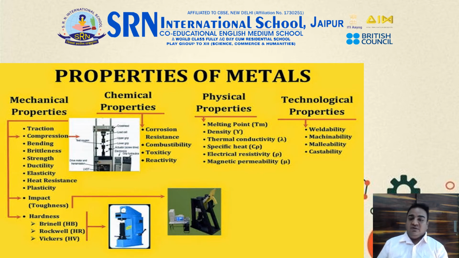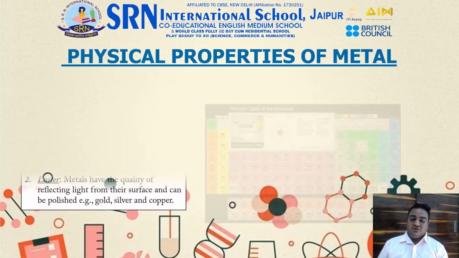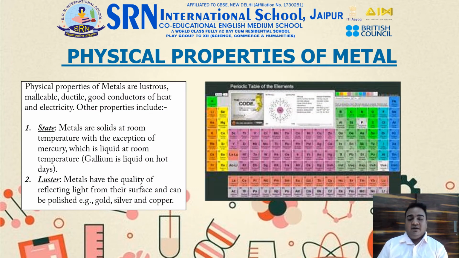So let us now discuss the different properties of metal that will enable us to understand the various physical attributes of metal. So what are the physical properties of metal? That is, a metal is lustrous, that is, it has shine. It is malleable, which means it can be converted into sheets. The metals are ductile, that is, they can be converted into wires.